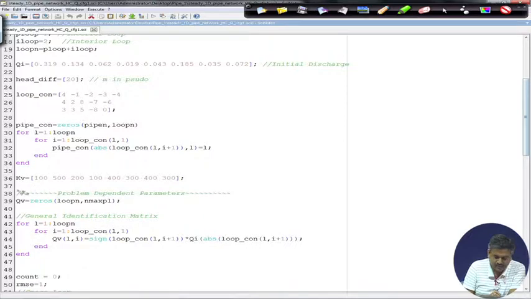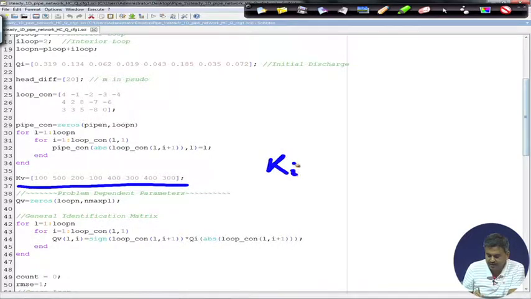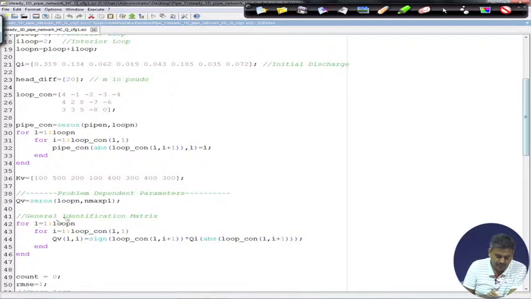Now, we have straightaway these KV values, KV is nothing but KI cap. Again, we need to specify this QV. What is QV?